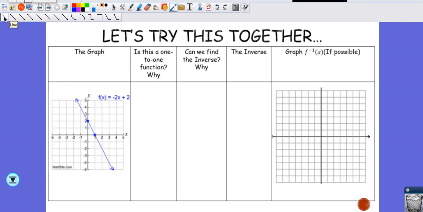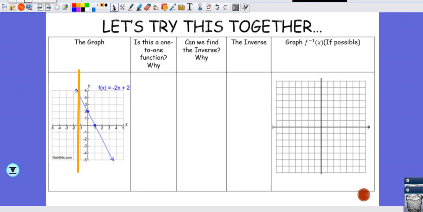Now, we're going to do what is called the vertical line test to see if this is a function first. And here's what the vertical line test means. If I draw a line right here, does it touch that line once? Does the orange line touch the blue line once or twice?